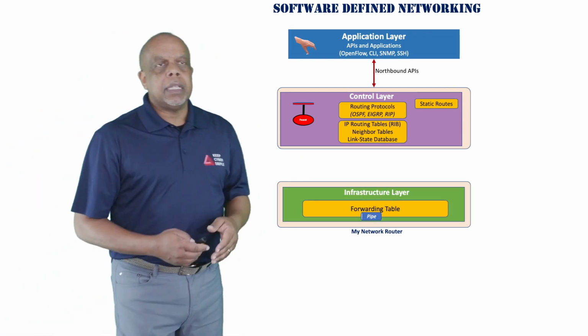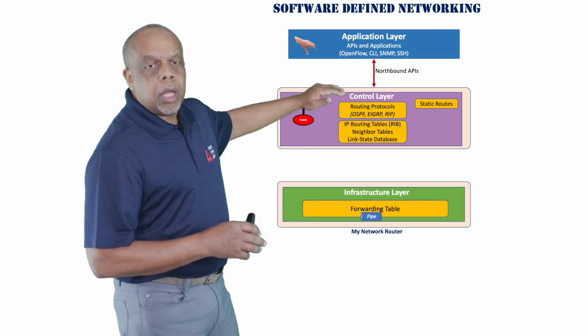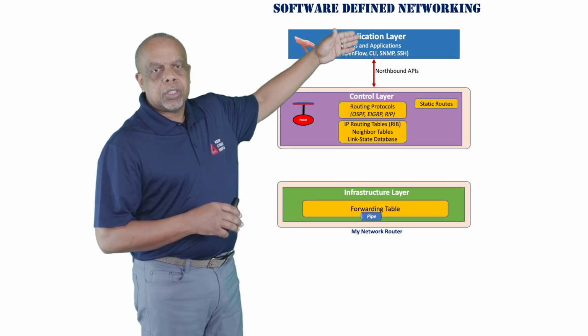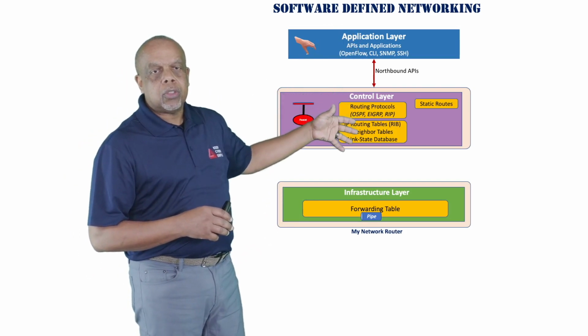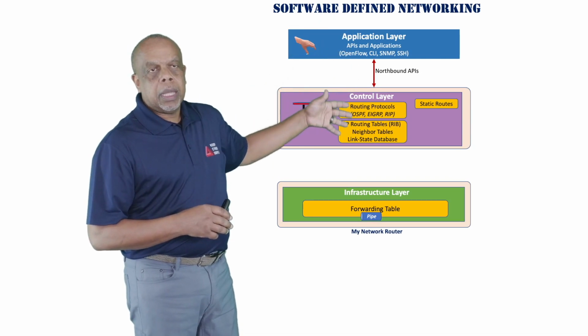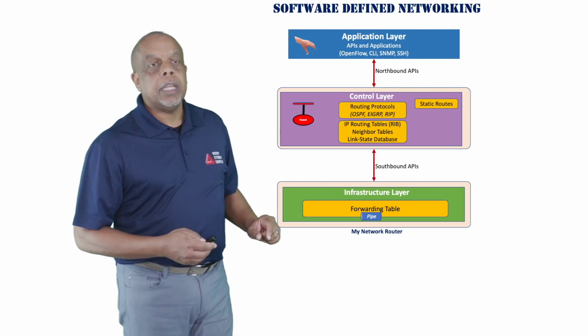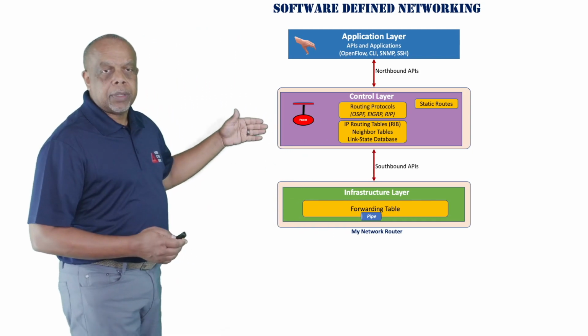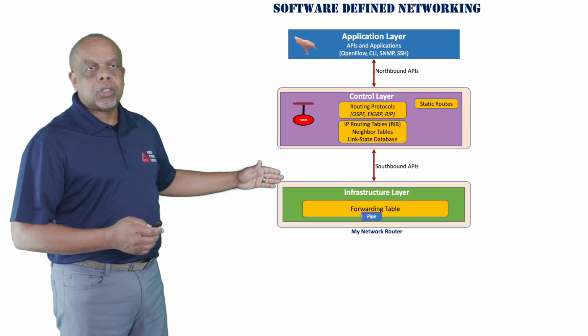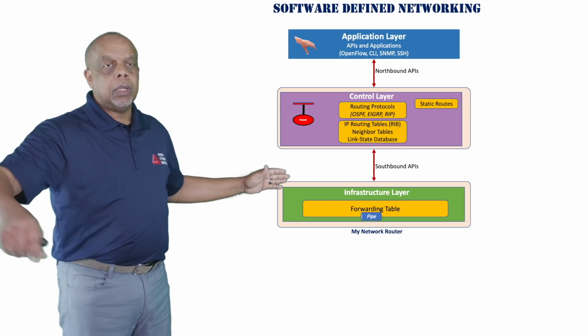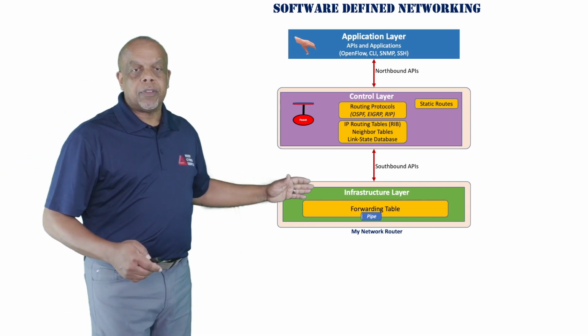In software-defined networking, we have northbound APIs. This is where our application talks to the control layer. The northbound APIs, applications talking to the control layer. Then we have southbound APIs. This is where the control layer talks to multiple infrastructure layer devices.